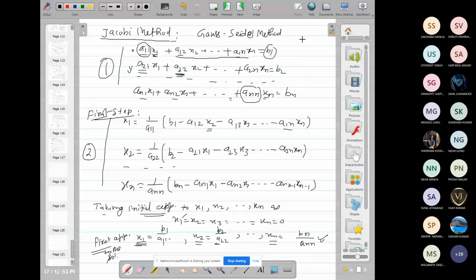Gauss-Seidel method, same thing. If this is the equation, given system of equation, and next for first step, same thing. Same. Next, what will be the difference? Here, we are taking initial approximation 0 to all the variable.